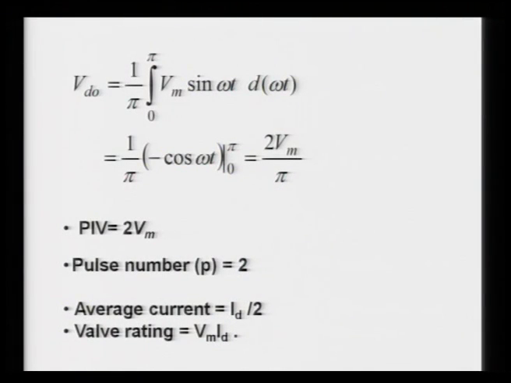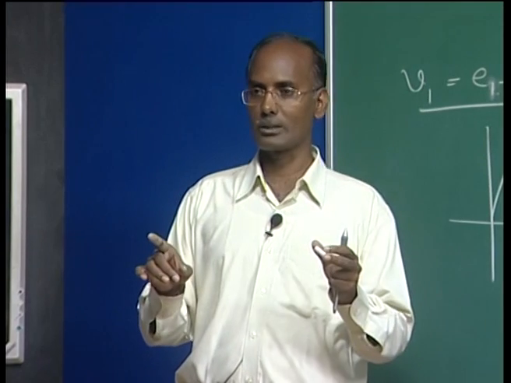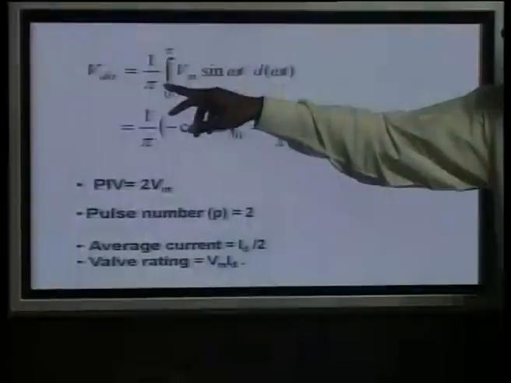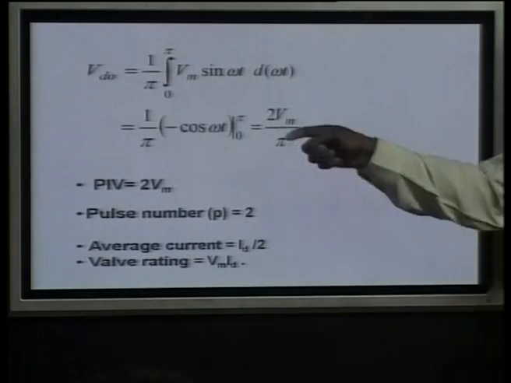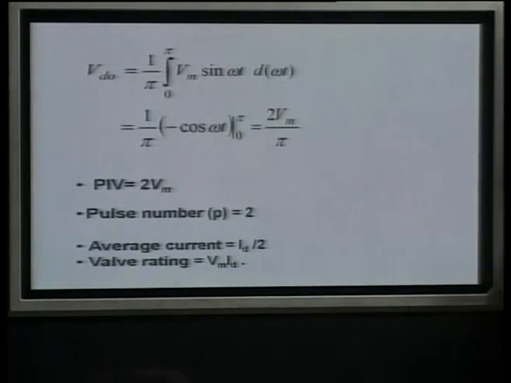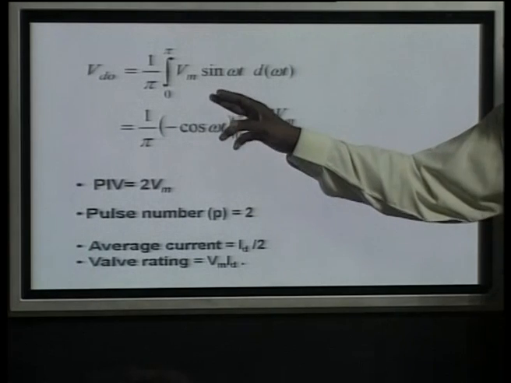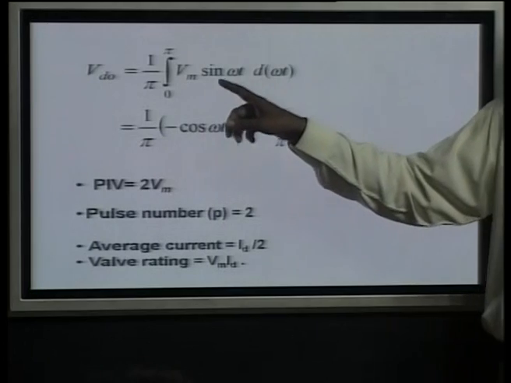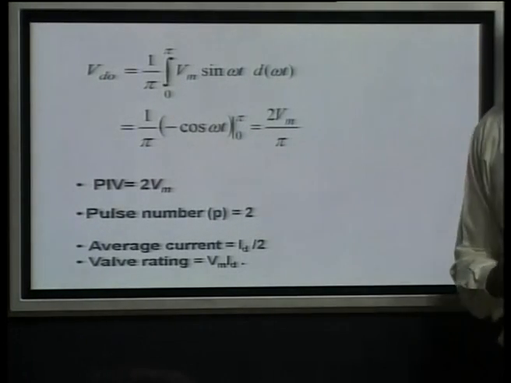To find the average voltage at the output of the rectifier circuit: since it pulsates twice in a cycle, we can take the average of one pulse only, as it is cyclic. So it is averaged over pi, integrating from 0 to pi of Vm sin omega t d omega t.